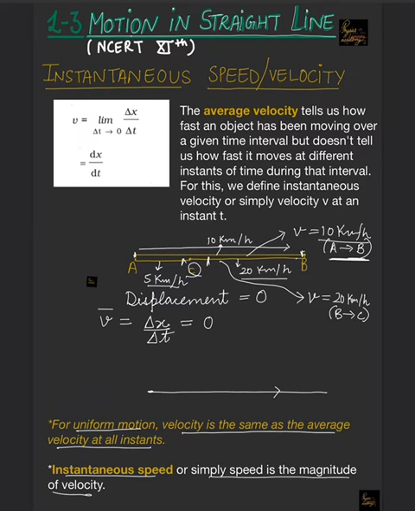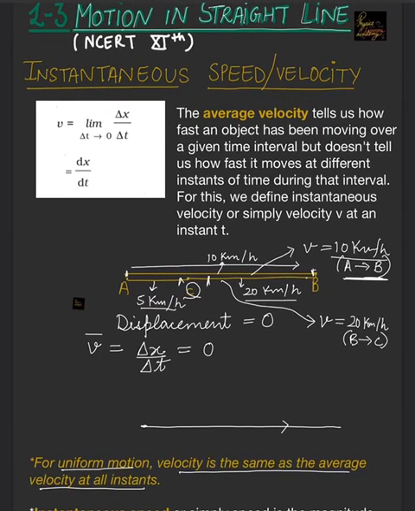And also we have written here the definition: v, the instantaneous velocity, is simply the limit of delta x by delta t, where delta t approaches 0. This is a screenshot from NCERT itself. What we are talking about, lim, is nothing but limit.